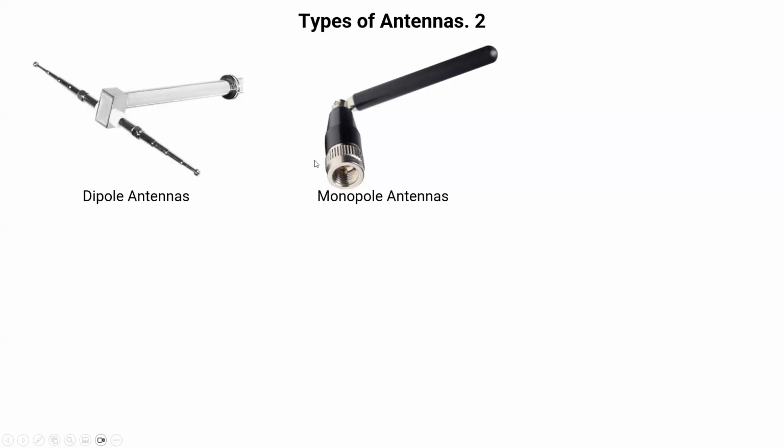However, this monopole antenna usually connects to the ground or to the box, the body of the device. If you have a transmitter that uses this antenna, this box, the body of this device, plays the role of the second element.